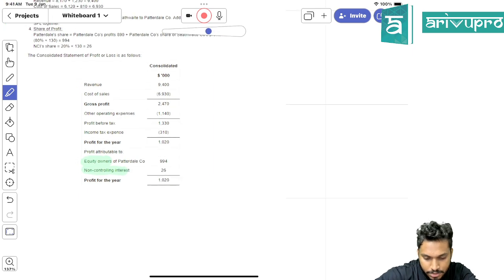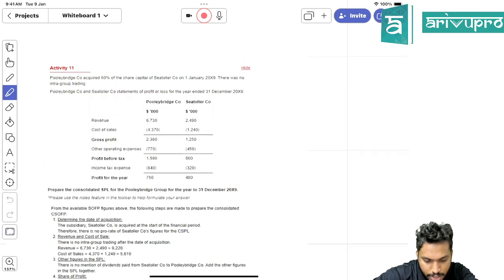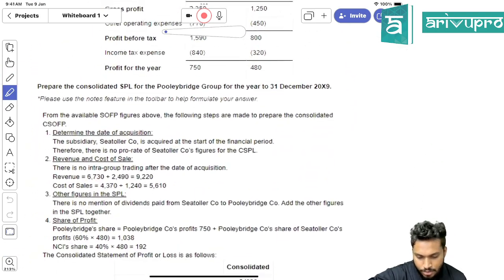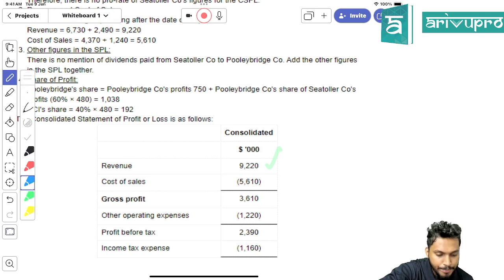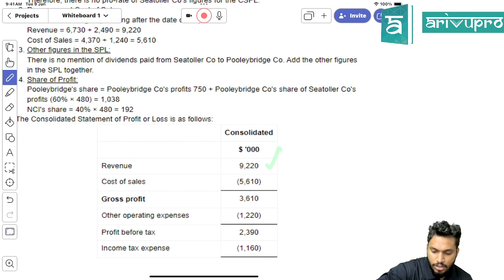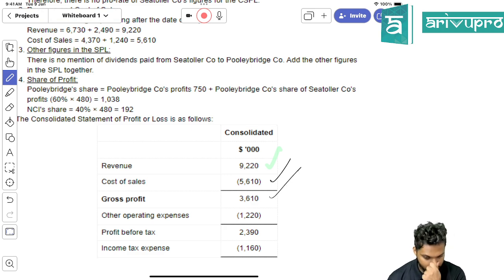Okay. So now, can you try the activity? You should get revenue as 9,220 when you sum up those two. Cost of sales as 5,610. Then your gross profit will be 3,610. Then this is your operating expenses total.